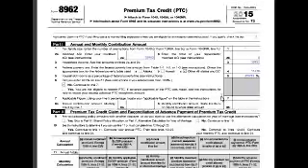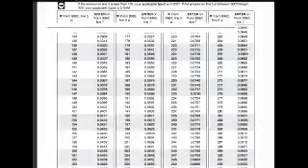To complete line 7, we will use a table, which we will find in the instructions for Form 8962. Like I told you, you need to check this table in the instructions, and to fill out line 7, you will use the percentage on line 5. Let's check out this table.